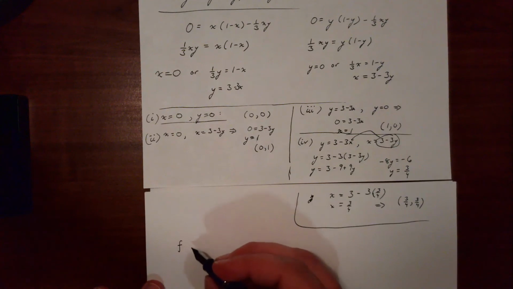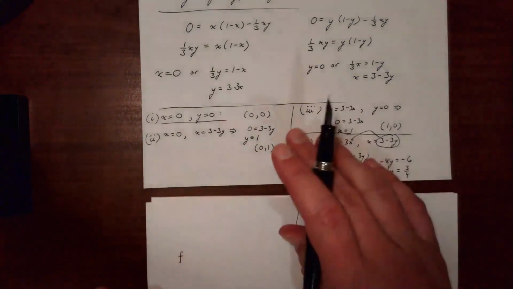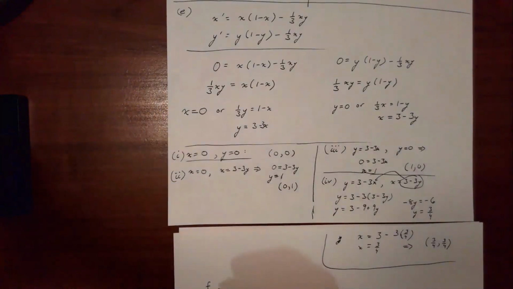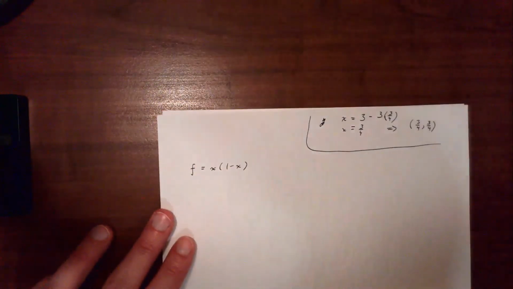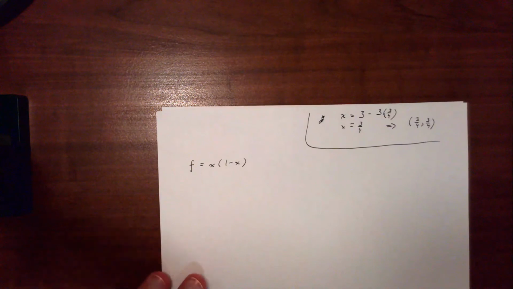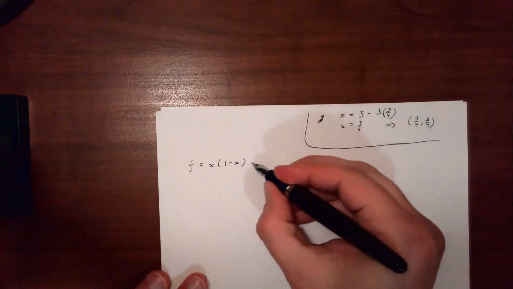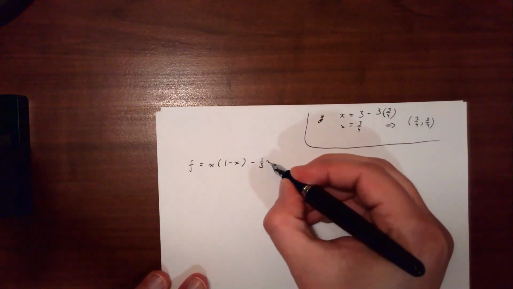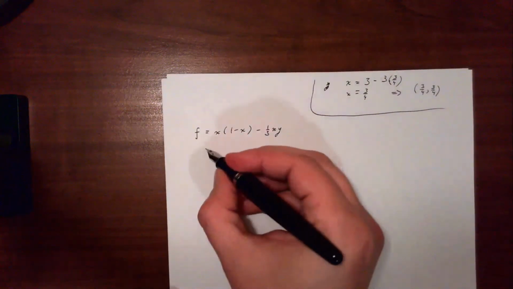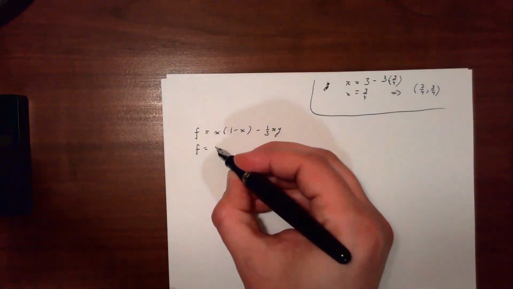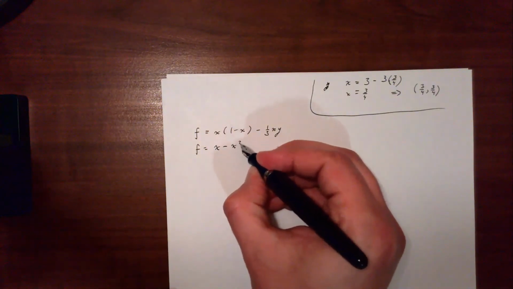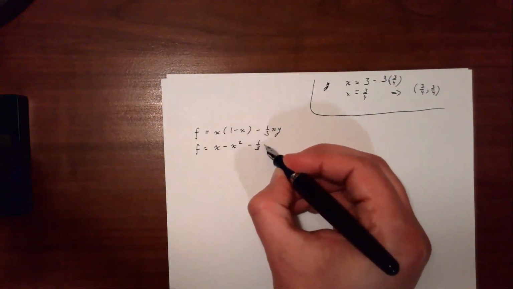Okay, now what is f? Or sorry, what is g in this case? So f is equal to x times 1 minus x minus 1/3 xy. This is what we need in order to find the Jacobian. Now I think it will be to our advantage to multiply this out. So this is going to be x minus x squared minus 1/3 xy.